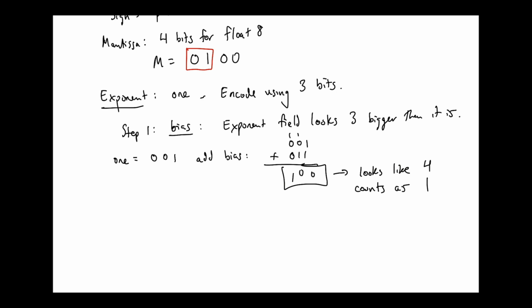Now, the bias is always 3 for an 8-bit number. It's different for a 16-bit or 32-bit or 64-bit number, but it's always the same number for a given bit length. So 16-bit numbers have their bias, 32-bit ones have their bias, and 64 has its bias.